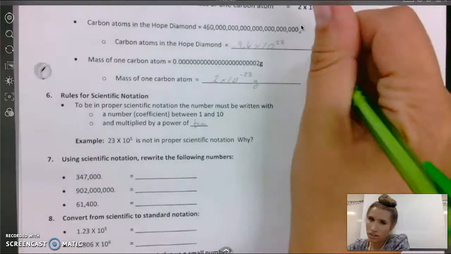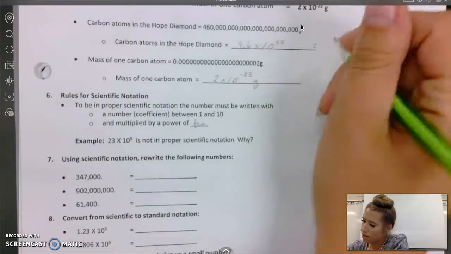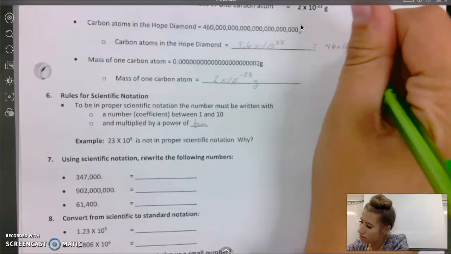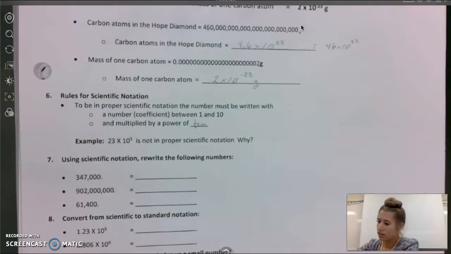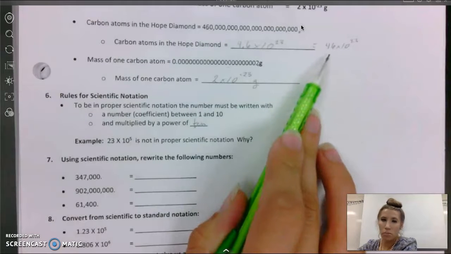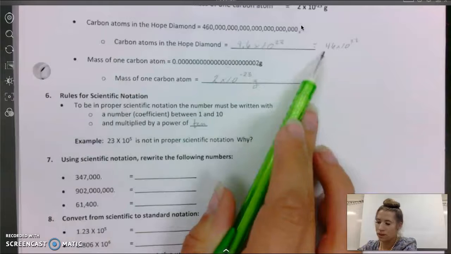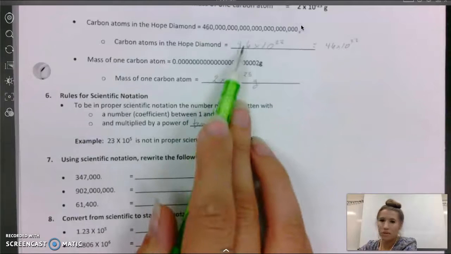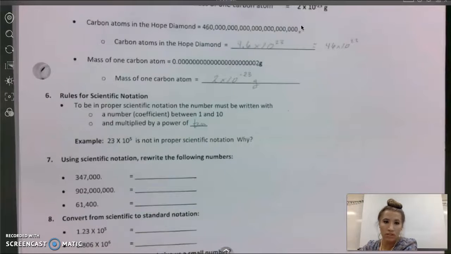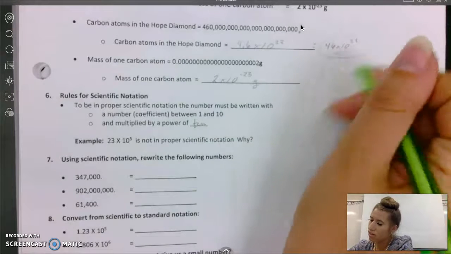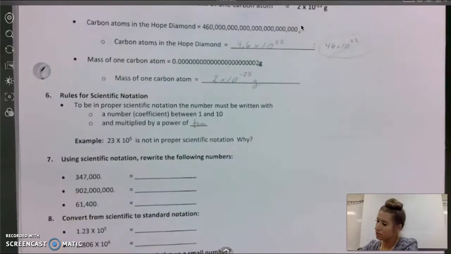So even though this is the same as 46 times 10 to the 22nd, this is not proper scientific notation, but this one is, because this value is greater than 10, and that one's in between 1 and 10. Okay, so that's what we mean by proper scientific notation. This one is not proper scientific notation.